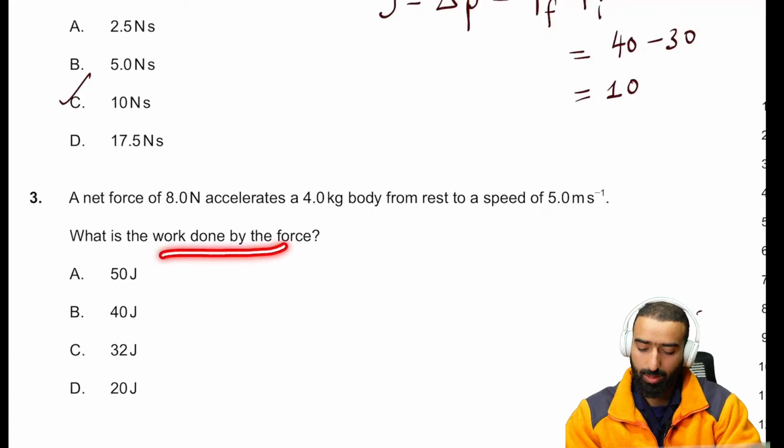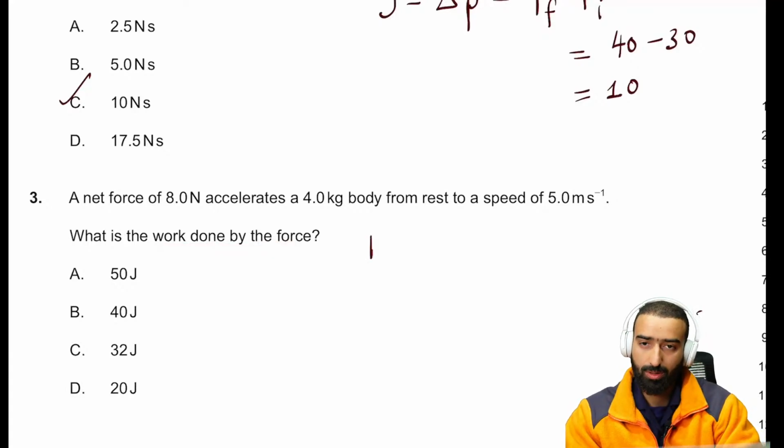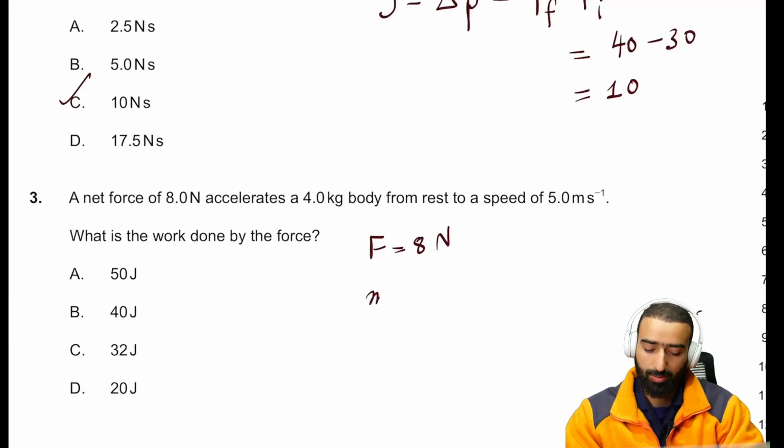What is the work done by the force? All right, so how do we do this? We know the force on an object is 8 newtons, the mass of the body is 4 kilograms, and the change in its speed is 5 meters per second.